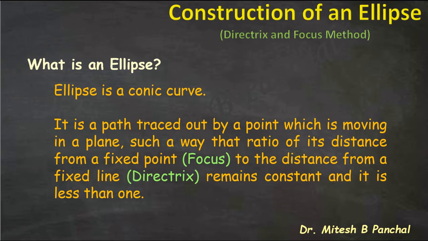So to understand this definition, we will consider a fixed line, that is the directrix, and consider a fixed point, that is the focus point F. Now if you consider the portion of an ellipse with respect to the directrix and focus point, say this is the portion of an ellipse, right?